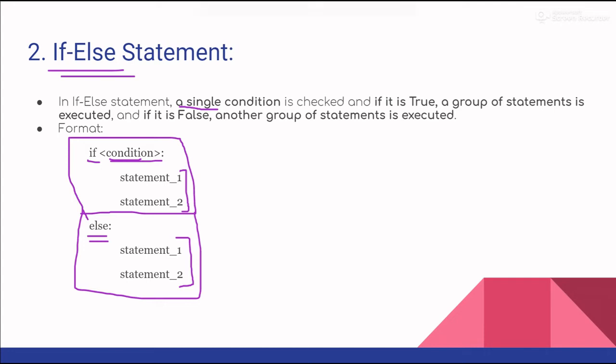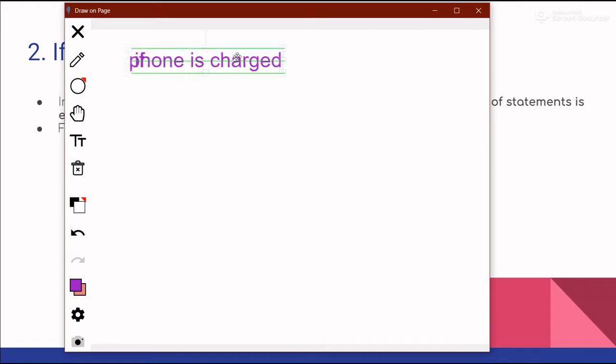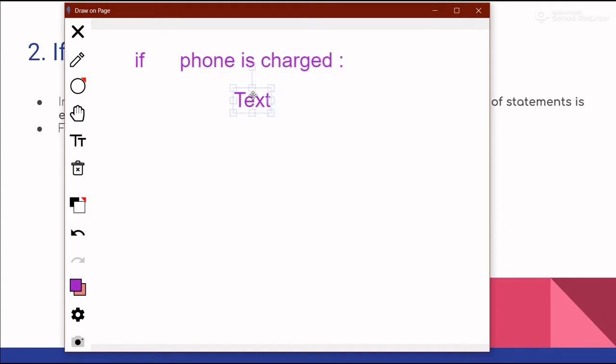Let's first of all show a real life example of this too. Just a second. So let's say this time if phone is charged. Okay, so let's say we have a phone, and if the phone is charged, basically phone is charged is the condition. If phone is charged, make a call.